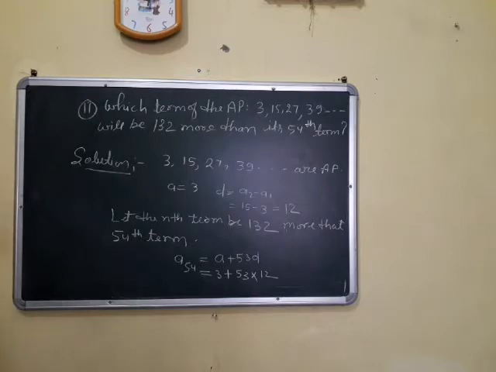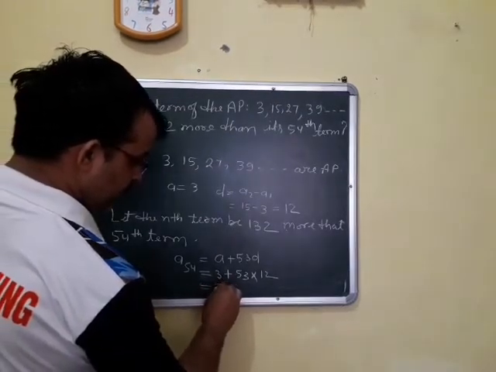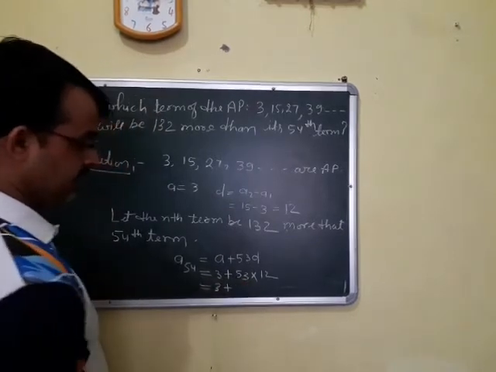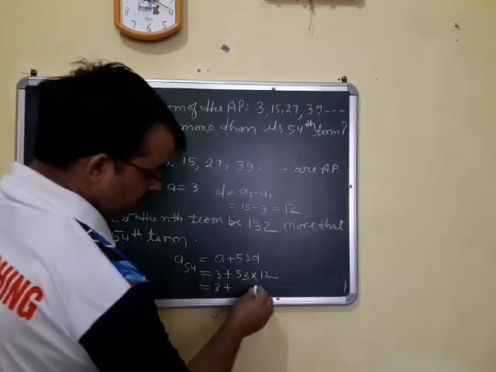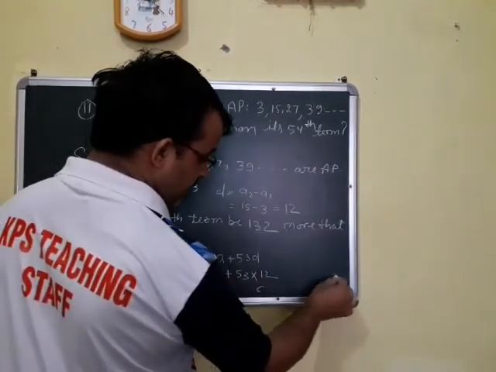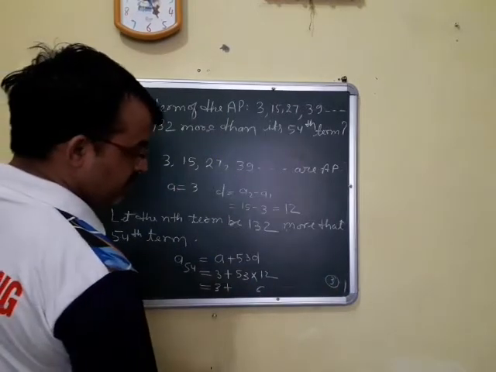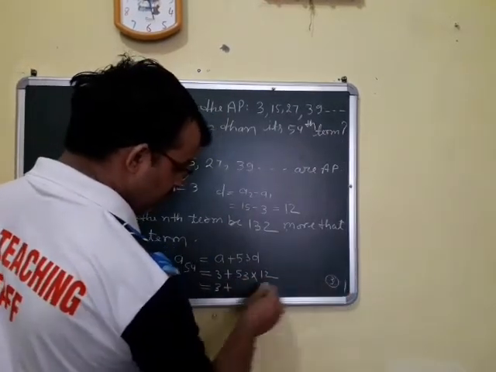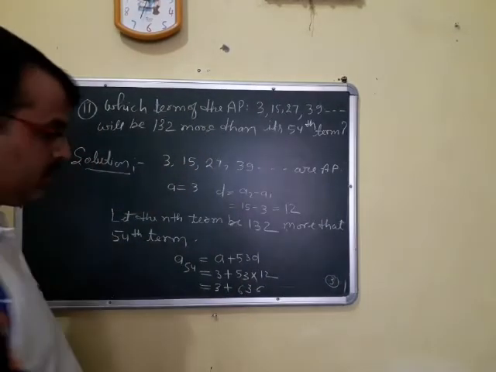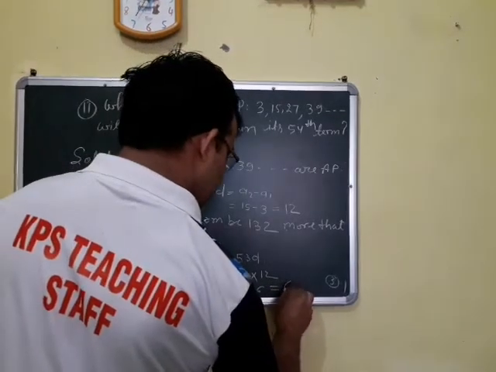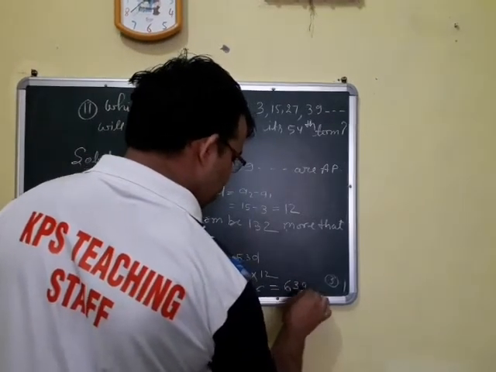Now look, A is equal to 3, and this one is multiplied here: 3 plus 12 3s are 36, we get 3... 12 5s are 60. 60 plus 3 is 63, and plus 3 we get 639.